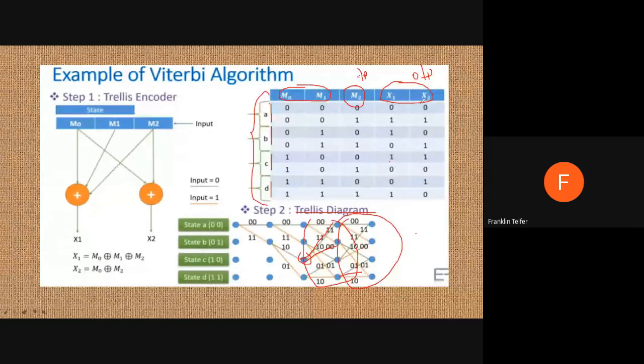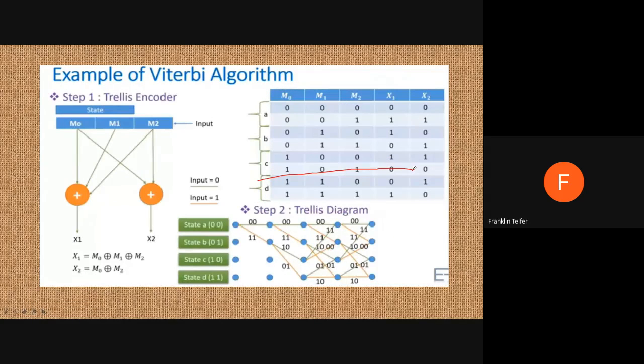So let us do the D side. Let us take this D. For an input of 0, it is going to 1 0. 1 0 is C. It is getting an output of 0 1. You have to add that.